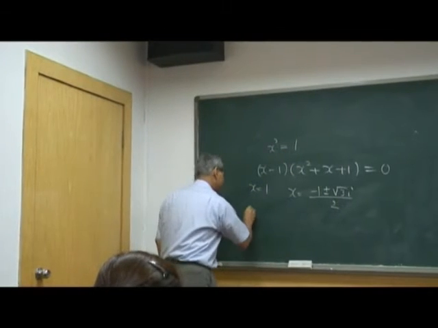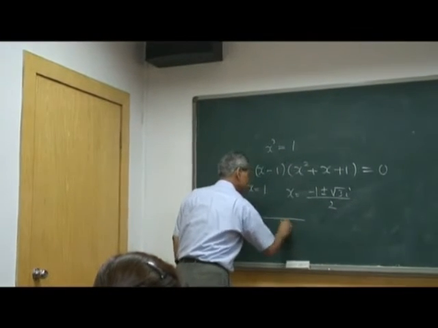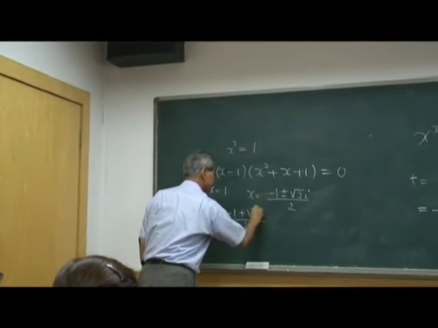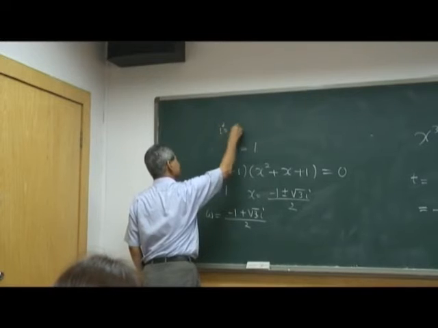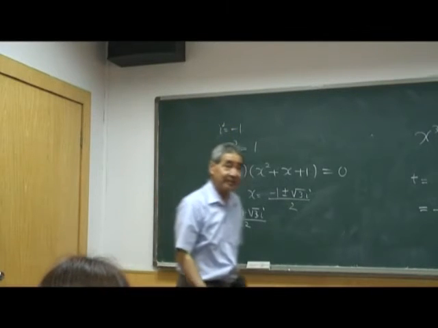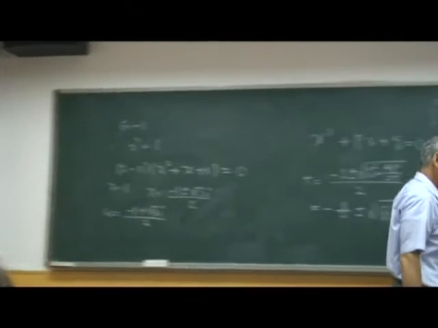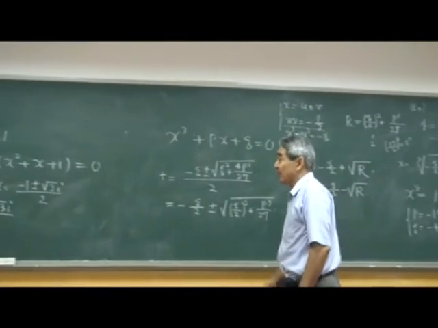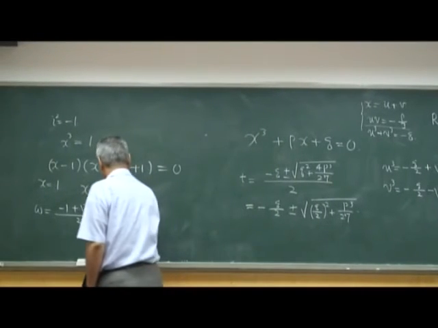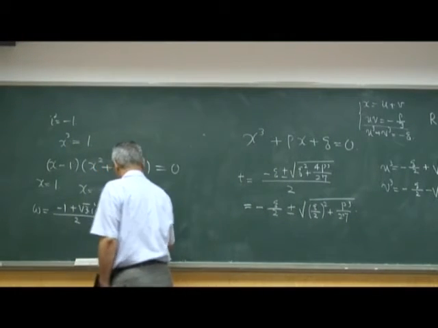So for example, I choose omega as minus 1 plus square root of 3 i over 2. I is just the imaginary unit. Then omega cubed is 1.